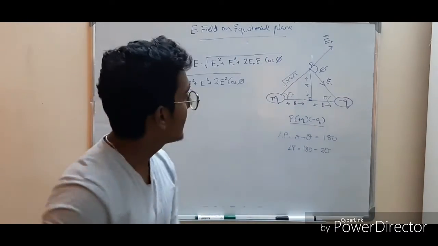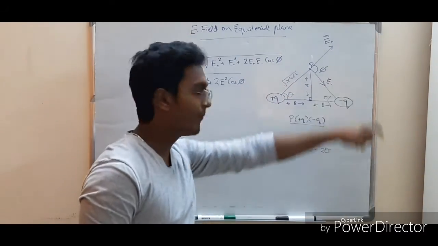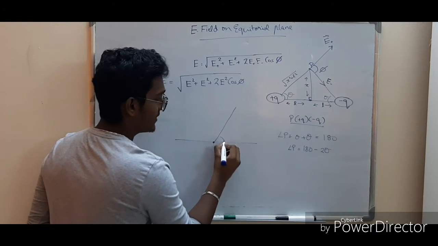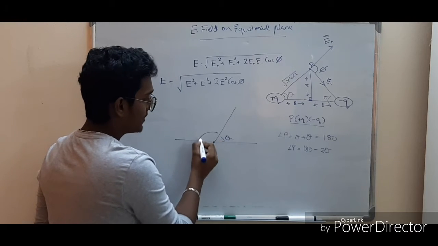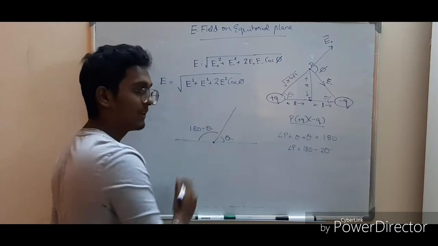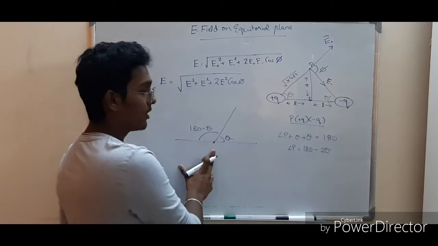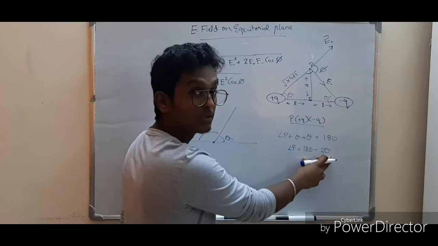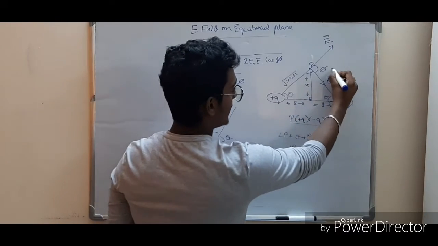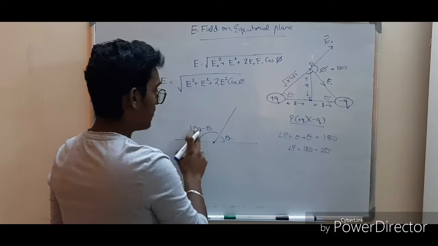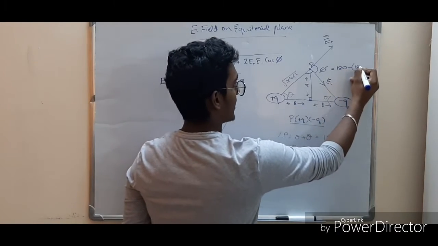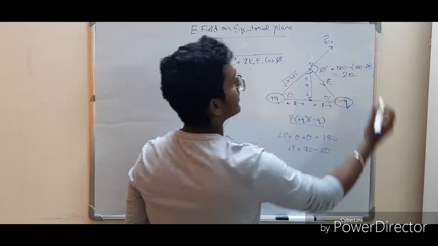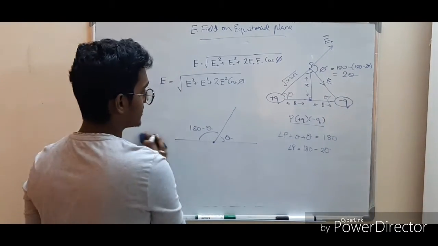Since we know this angle, now we can easily find out phi. And how? Because in a line segment, if you have an intersection and if this angle is given to be theta, this angle is going to be 180 minus theta, and this is the linear property. So the same logic applies over here. We know this angle, which is found to be 180 minus 2 theta. So the other angle is going to be 180 minus, 180 minus 2 theta, which is equal to 2 theta. So phi is 2 theta in this case.